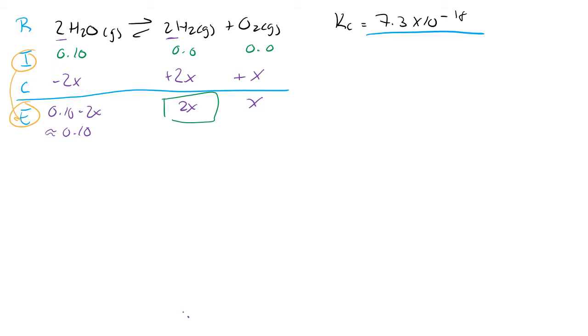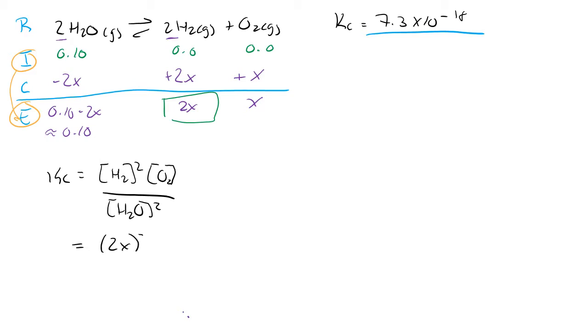So now we're going to write our expression. Kc equals H2 squared times O2 over H2O squared. Plug in your values. So 2x squared, and 7.3 times 10 to the negative 18 equals 2x squared times x over 0.10 squared.